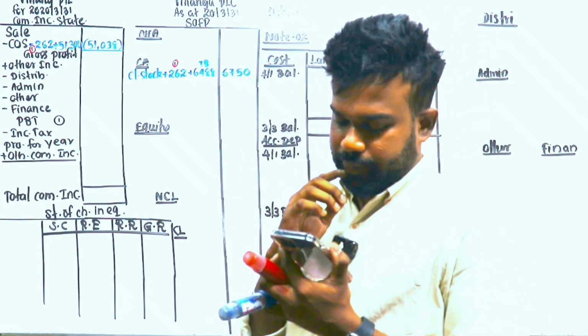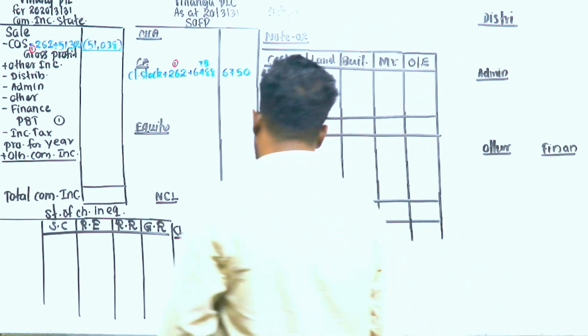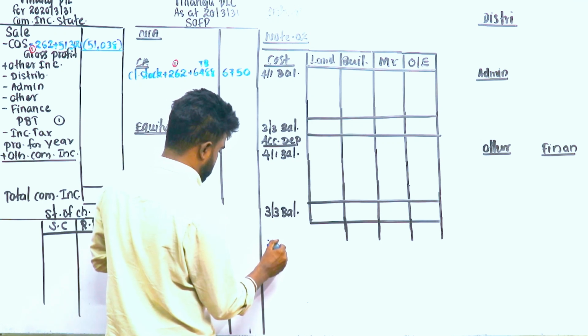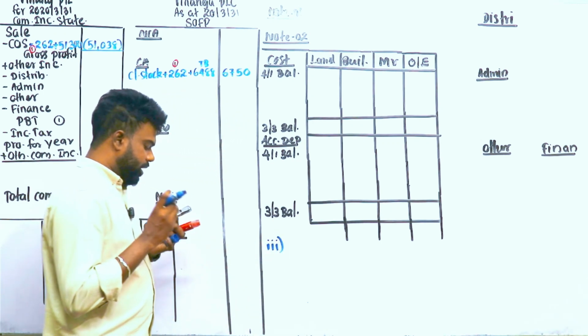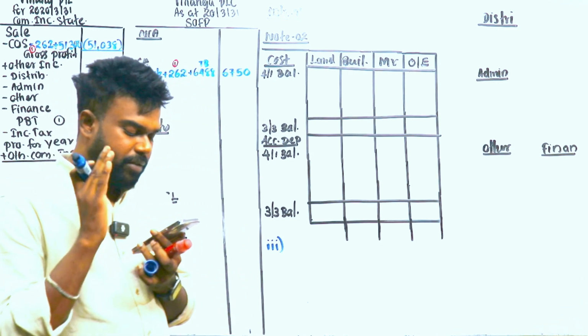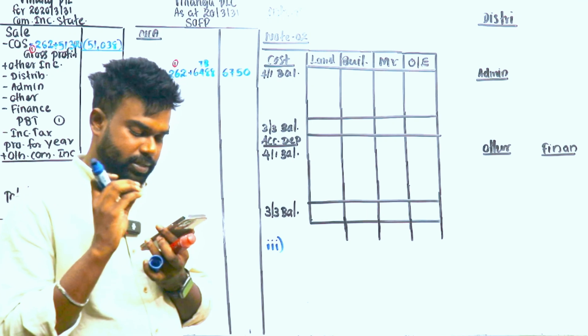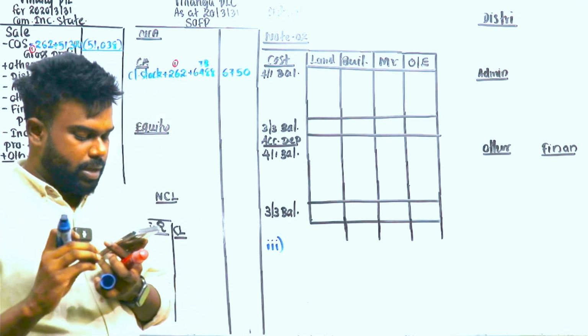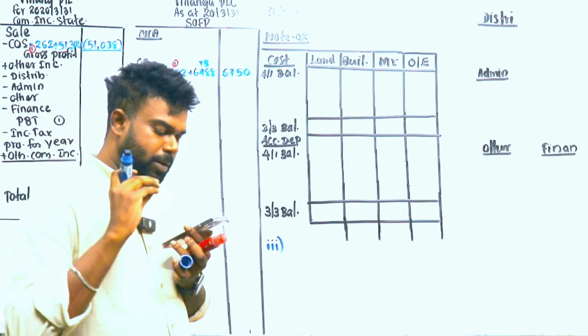Third one, advertising expense, adjustment number 3. The advertising expense of the company, 350,000, has been paid by the director from his personal bank account, and this amount has been reimbursed by the company.